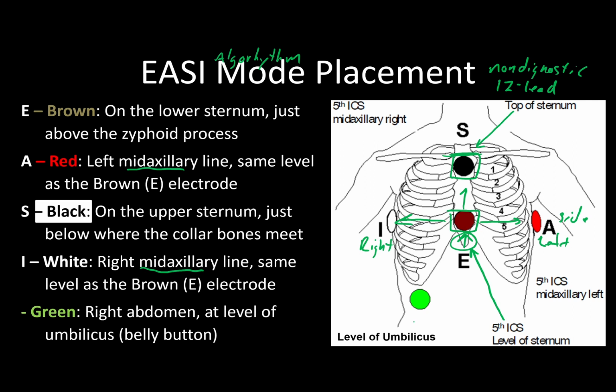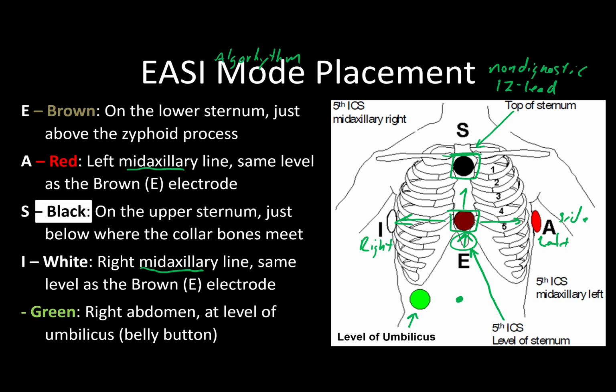Last but not least, you've got your green lead, and this green lead actually needs to be at or around the level of the umbilicus, so actually a great distance away from that white lead. You don't want them too close together, otherwise it'll throw things off. That is the straightforward part of how EASI mode works and how you're supposed to place them properly to get the best signal.